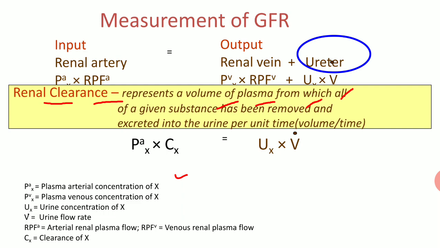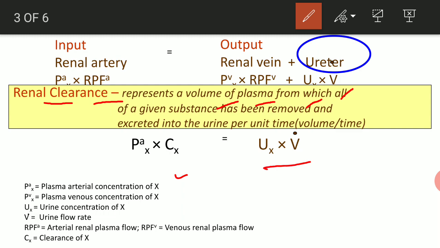As we considered that for measuring GFR nothing should go into the vein, we have removed the renal vein component and only the urinary component has been considered. So Ux multiplied by V, over the input, which is Px, and the renal plasma flow, is now clearance.